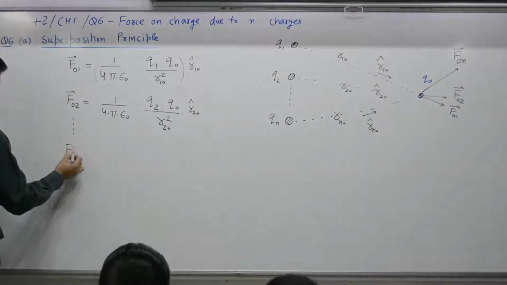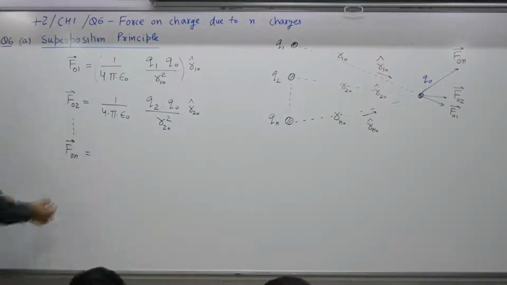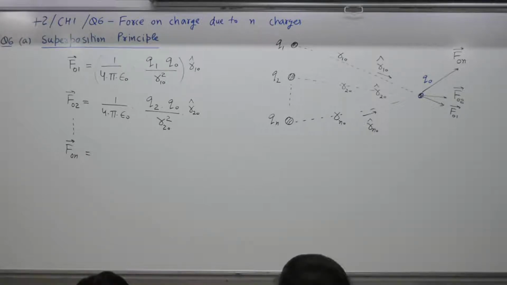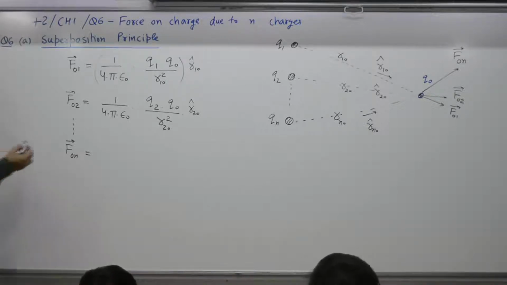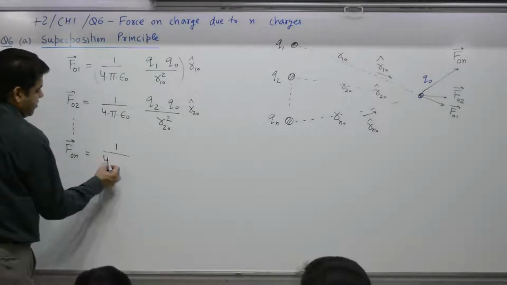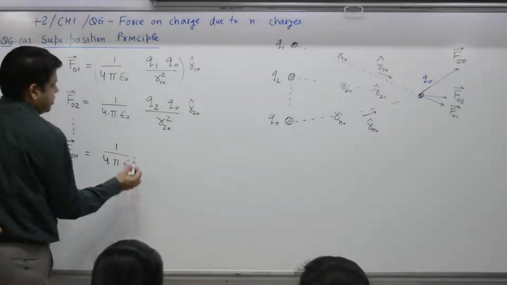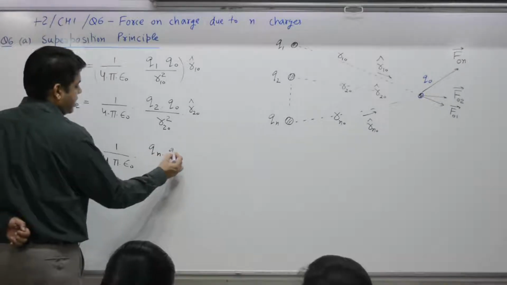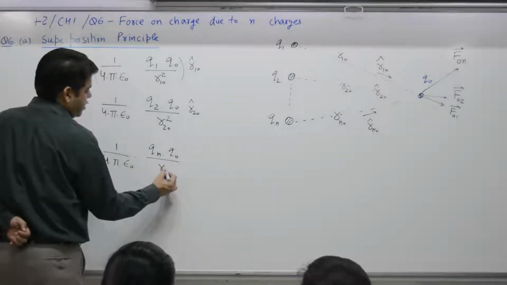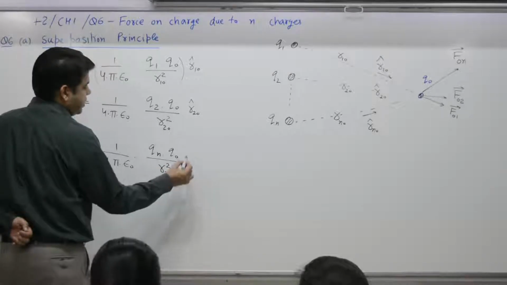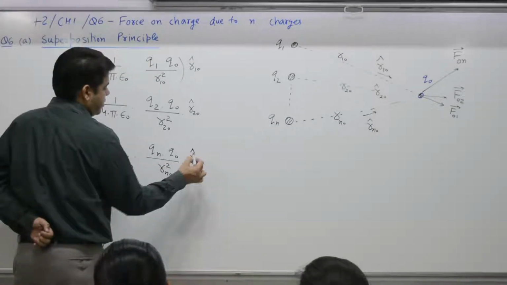So write the general F naught n is equal to 1 by 4 pi epsilon naught Qn Q naught over Rn naught square, direction Rn naught.